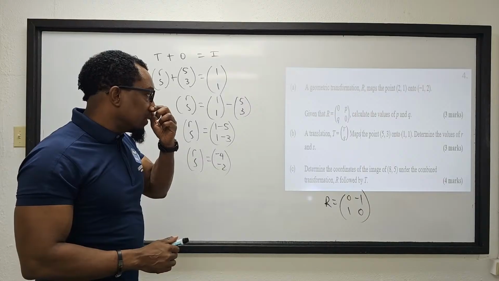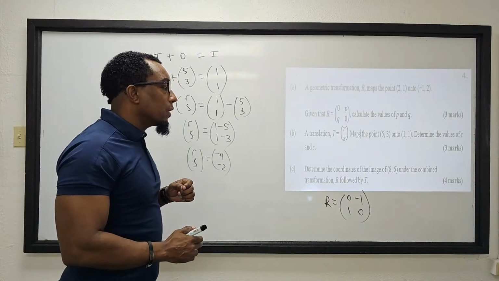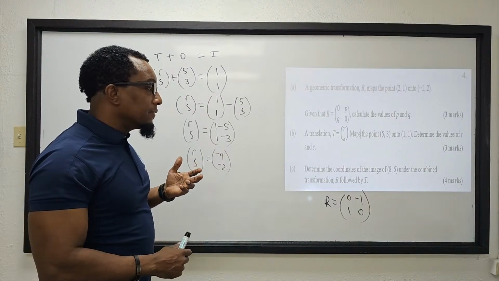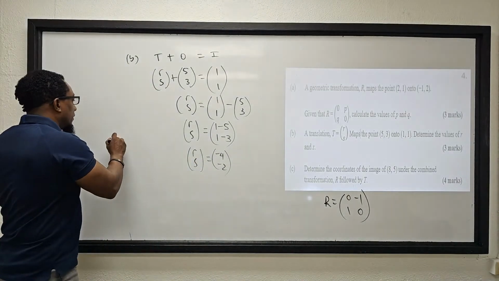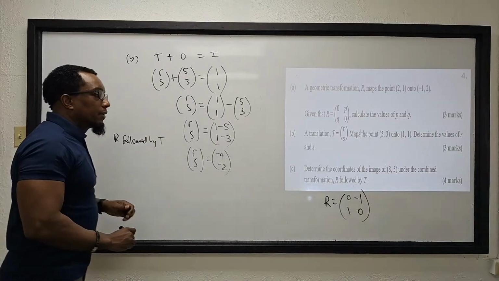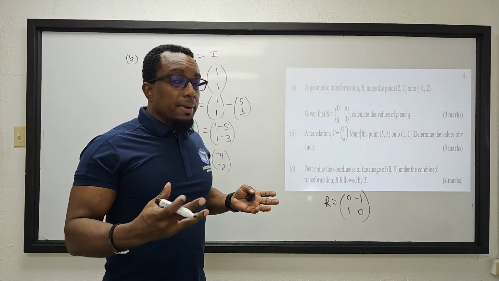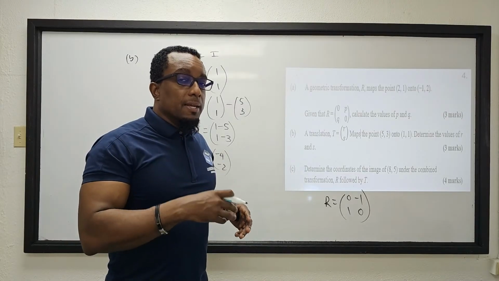So in a case as such, now we know normally when we talk about R followed by T, most times we think of, and it's the correct thing to do, you put T first, then R after.